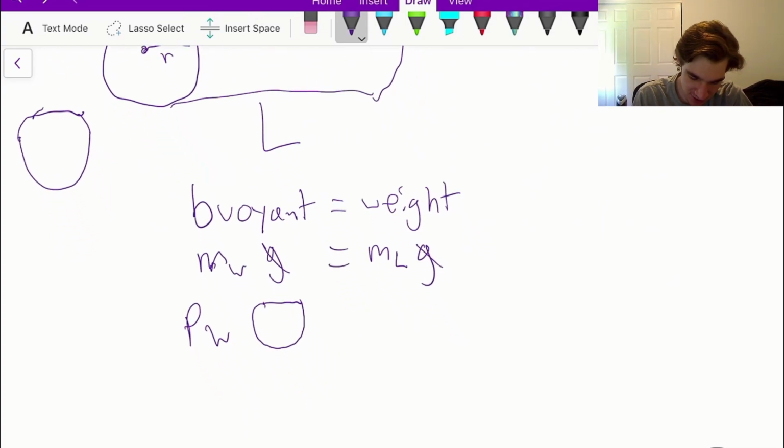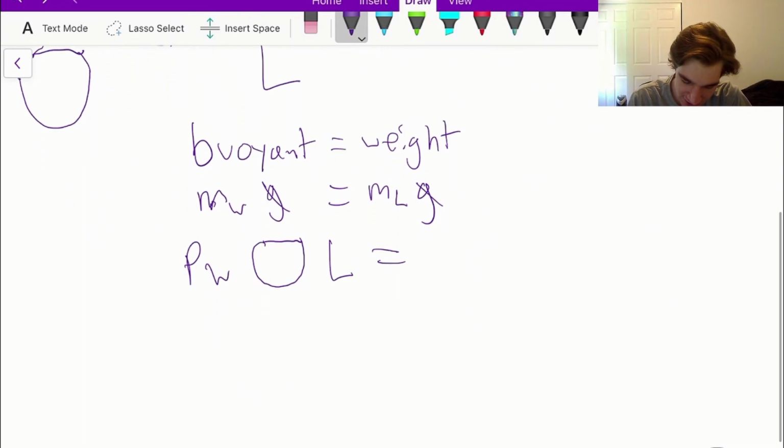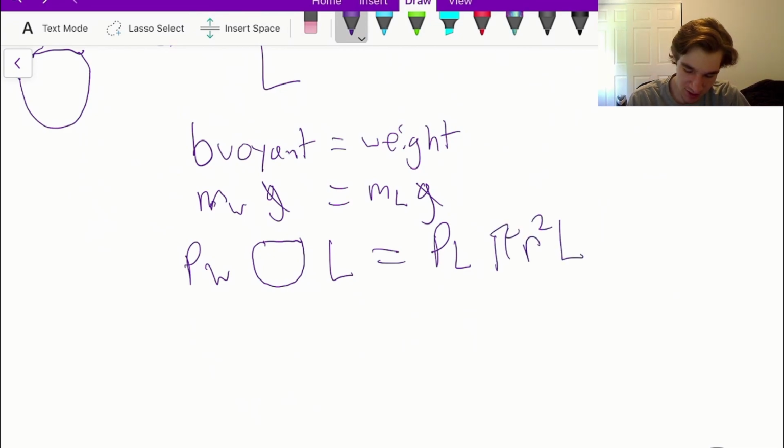That area times the length of the log is going to be equal to the density of the log times the volume of the log, which is pi r squared times the length. So we can go ahead and cancel out those lengths right there.